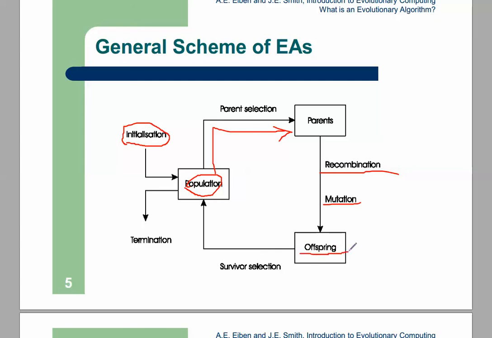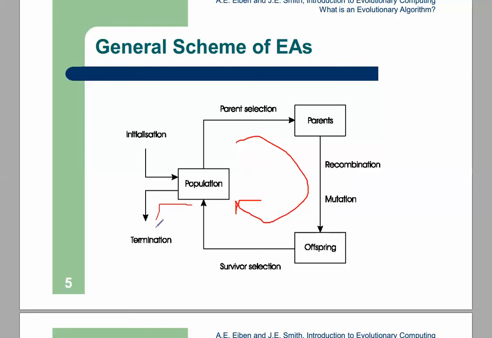A child is produced. Then survival selection: from the parents and the offspring we select the next population of the next generation, and this loop repeats and repeats until termination. When EA exits or reaches the end, the best solution in the last population is the solution.